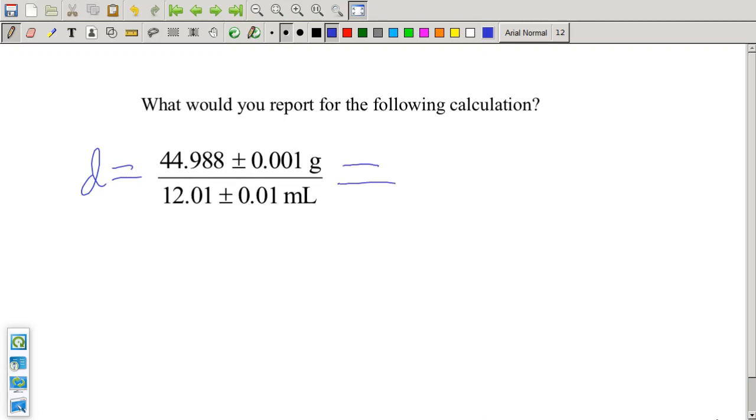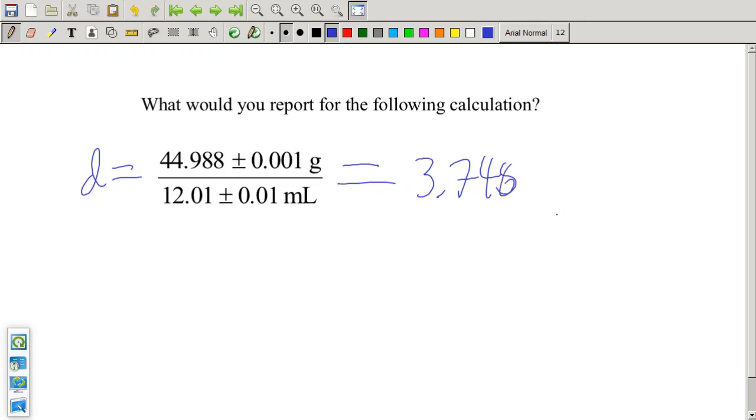What do we get for our density? 3.745, okay. Is that actually 3.745, good because we've only got 4 sig figs on the bottom there? Or is it 3.746? Yeah, okay. So it rounds to 6. All right.